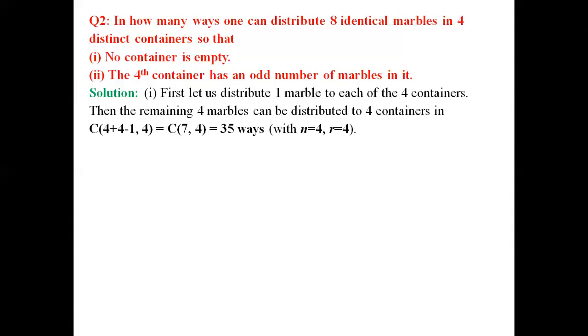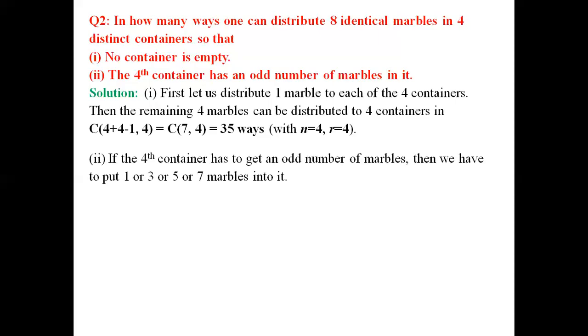So when I say odd number of marbles, it can be 1 marble in the fourth container, or 3 marbles, or 5 marbles, or 7 marbles. Since we have only 8 identical marbles, it can be 1 or 3 or 5 or 7 marbles distributed to the fourth container. So 4 different cases arise.